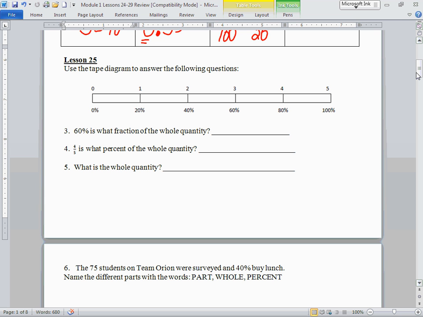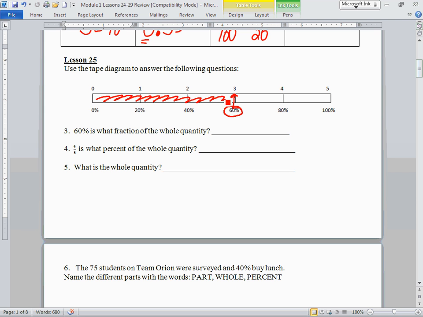Okay. Now for lesson 25, the model was already made for you. We already have the diagram, and we're going to use that diagram to answer our questions. So we have out of 5 and 100%. So 60% is what fraction of the whole quantity? So here's my 60%. That would be this and this and this.